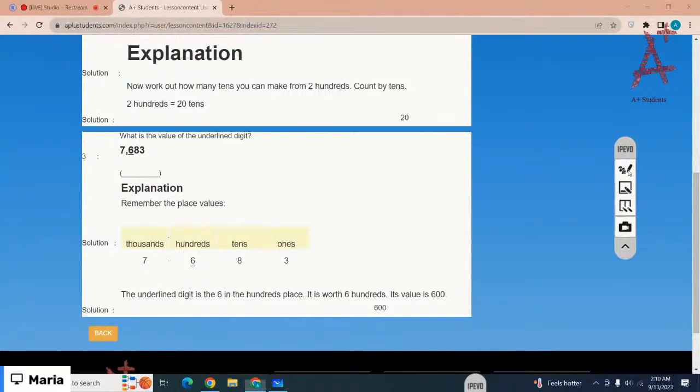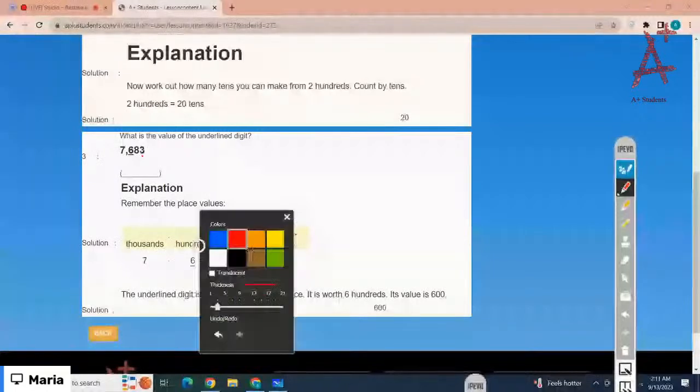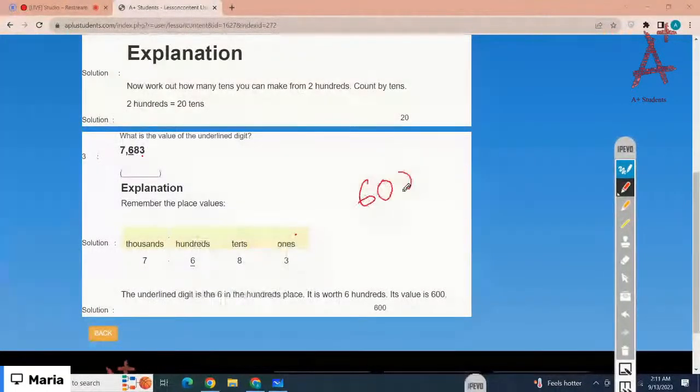The underlined digit here is 6. What is the place value of the 6? The 3 is at the ones position, 8 is at the tens position, and 6 is at the hundreds position. So that means the value of the 6 is 600, because 6 is at the hundreds position, right?